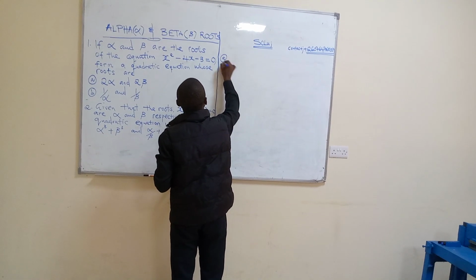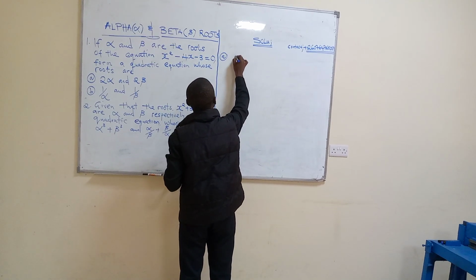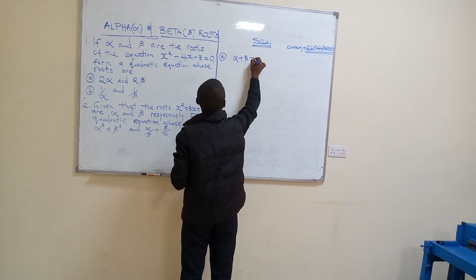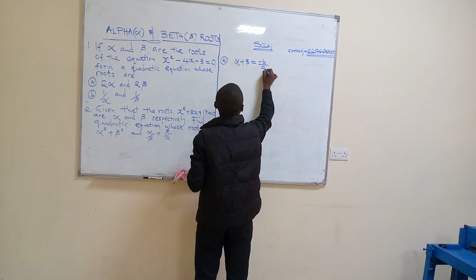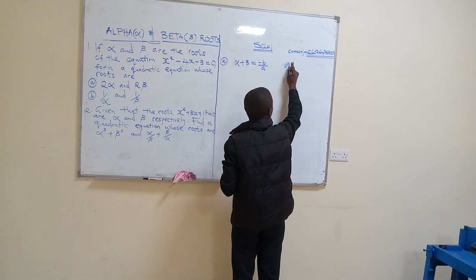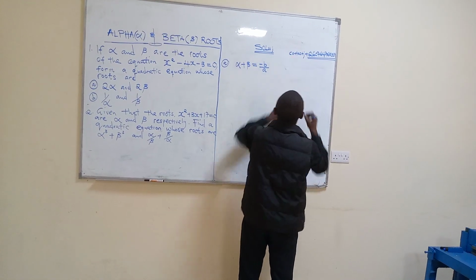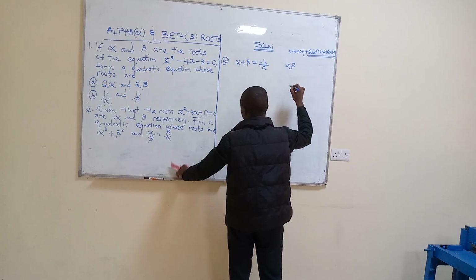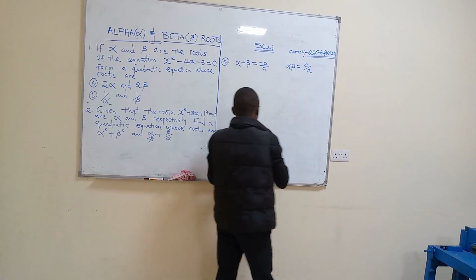So for our first solution, we have to bear in mind the identity that alpha plus beta is equal to negative b over a, and the product of alpha beta is equal to c over a.